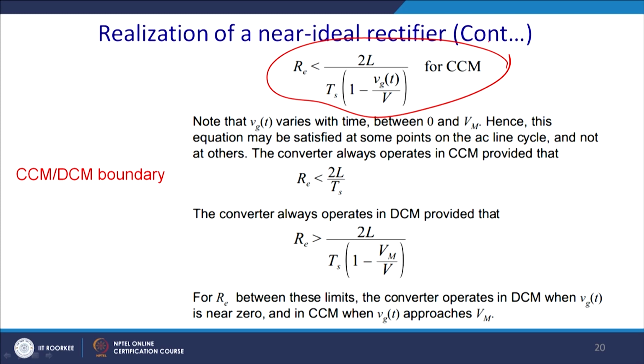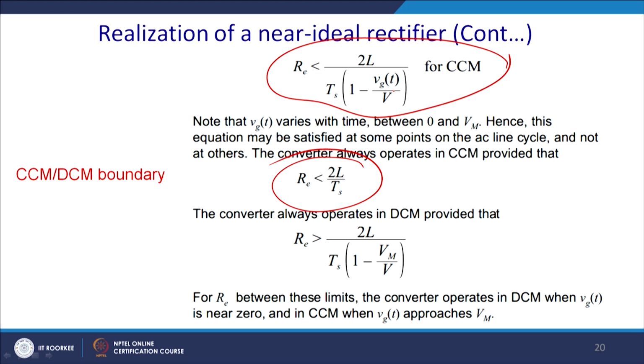So, please note that Vg varies with time between 0 and Vm, hence the equation may be satisfied at some points on the AC line and not at others. So, since this value is changing, the converter always operates in CCM provided that this condition has been satisfied, because you cannot take any guarantee over which is higher and which is lower.